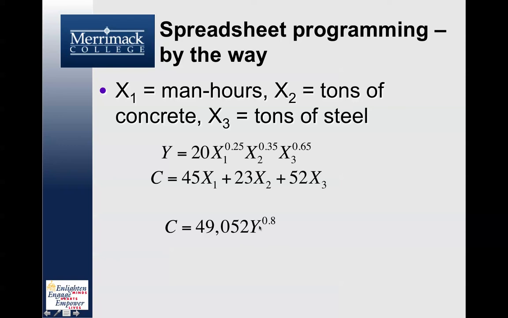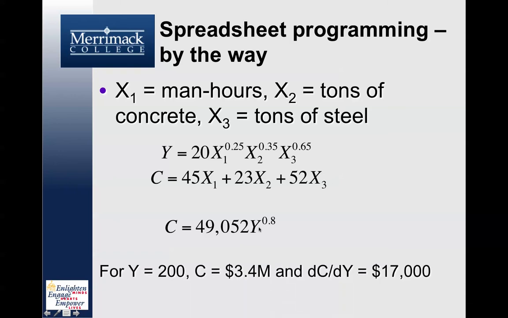So if we have 200 spaces, for example, the cost would be $3.4 million. And the marginal cost, so the cost per space, would be $17,000. Now these numbers, if you tried to work it out, you're not going to come up with this bottom line. I just made these up. But the point is that one could use this approach to estimate the costs associated with the project.